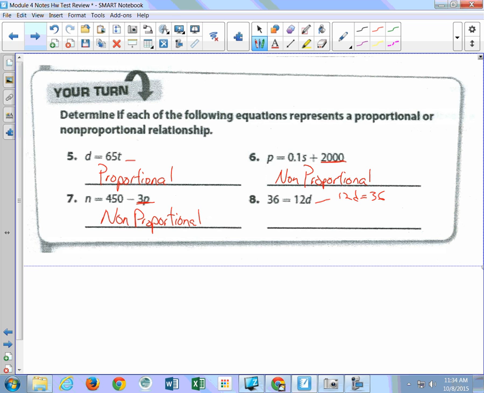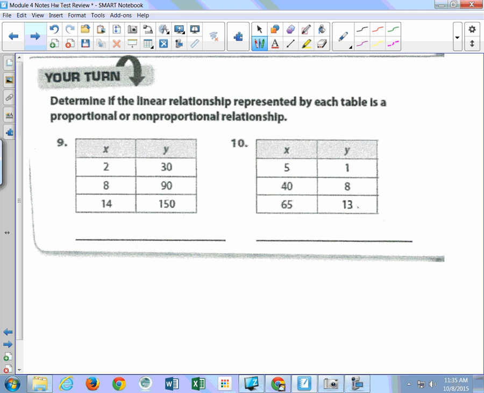All right, this one has something being multiplied times the variable, and it's just telling you what y equals. That's all it's doing. So this is, and there is no y-intercept there, so that is proportional. Okay, on to the last one.